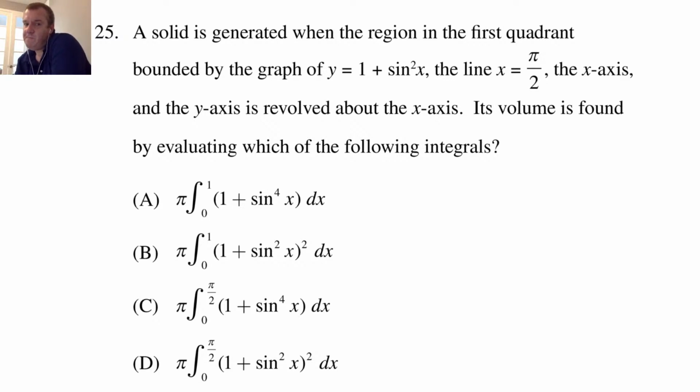So if we're looking at our answers to focus on the differences, notice the pi is not going to help me. That's standard in any volume. I don't care about the pi. Now, if we're looking at the integral, we've got the endpoints. They know that we are given the line x equals pi over 2, the x-axis and the y-axis.